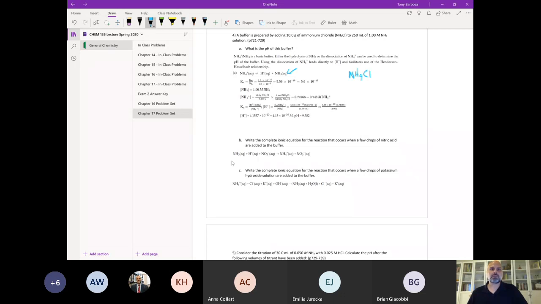You have your NH4Cl, and when you dissolve NH4Cl, which is a solid, into solution, you end up with ammonium ions plus chloride ions in solution, both aqueous.